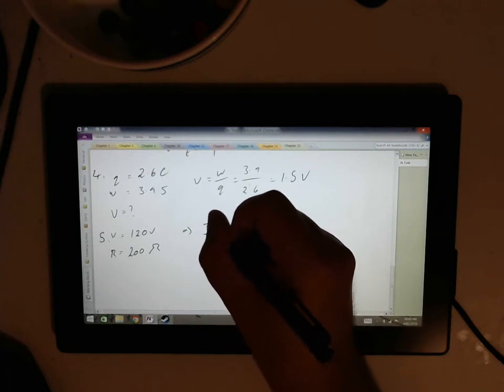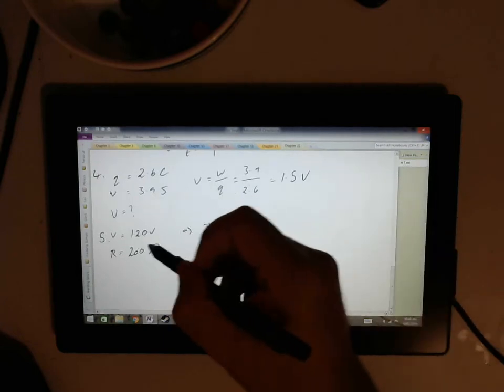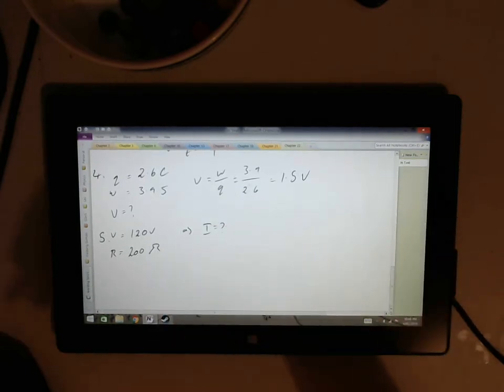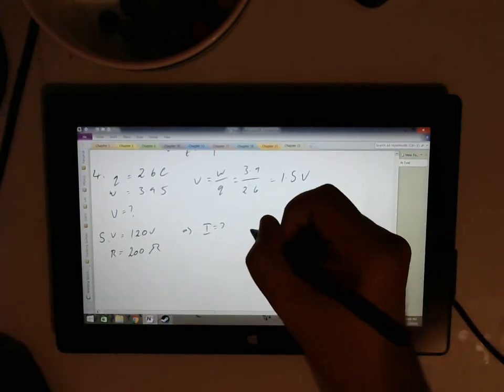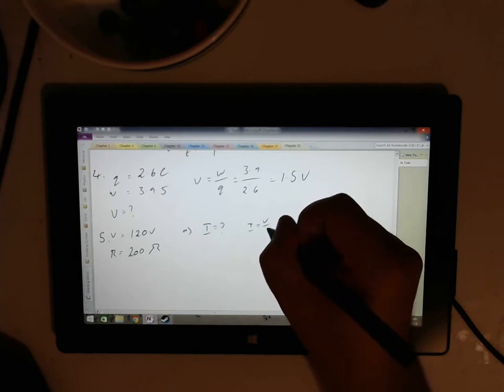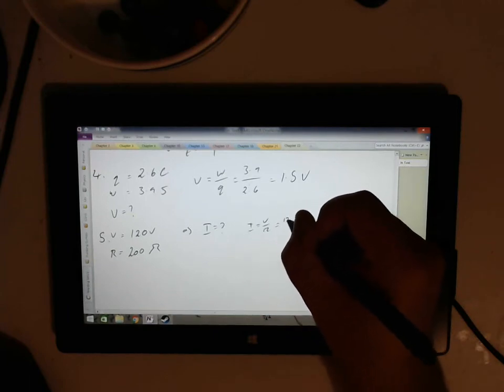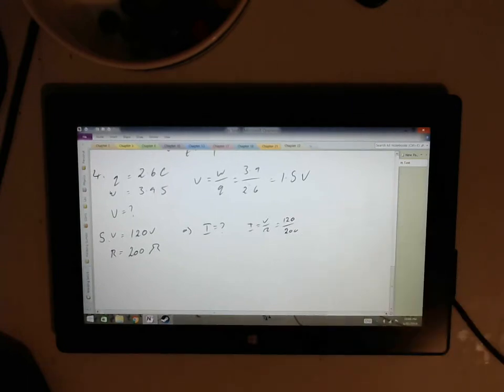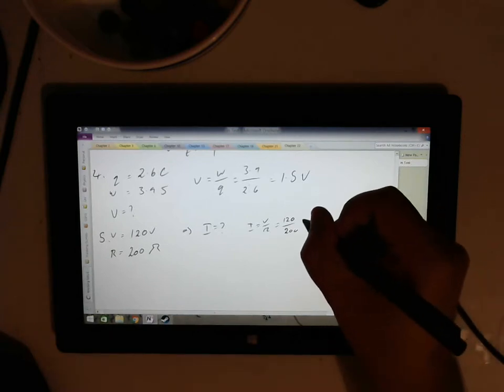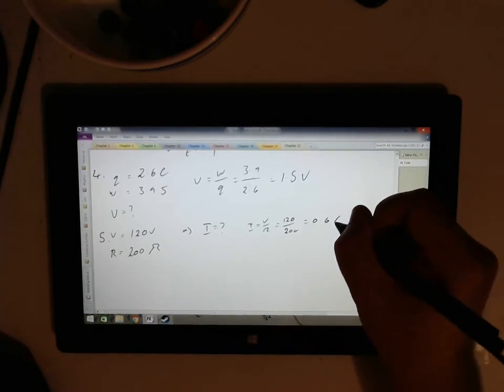Current has the symbol I. So we've got V, we've got I, we've got R. This is Ohm's law, and so I equals V divided by R equals 120 over 200, which is 12 over 20, or 6 over 10, which equals 0.6 amps.